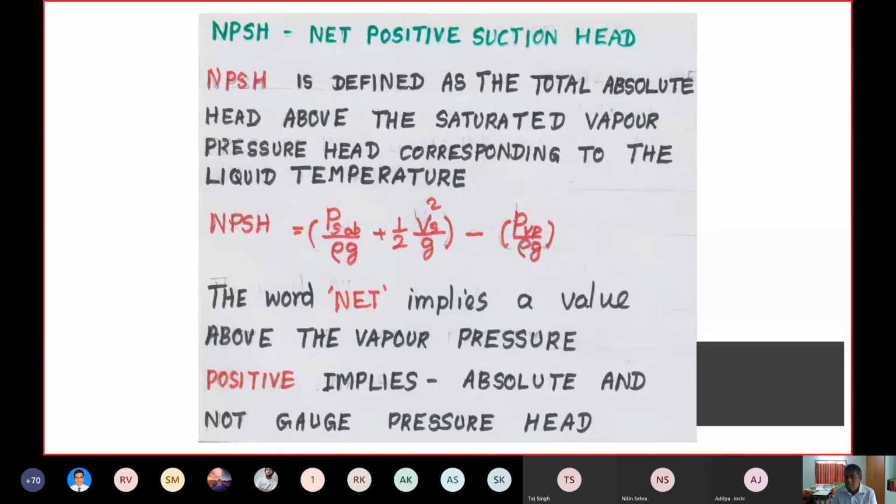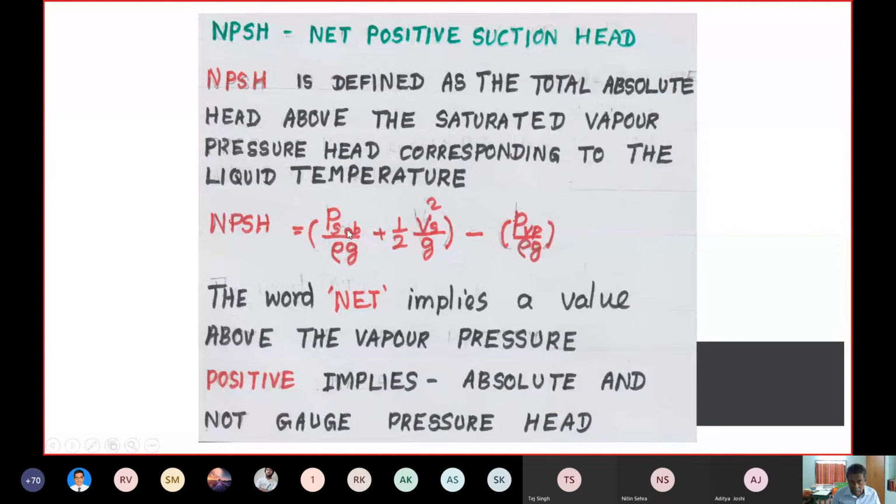Now the net positive suction head. The pump users and manufacturers talk about net positive suction head. It is connected with the suction side. NPSH is defined as the total absolute head above the saturated vapor pressure head corresponding to the liquid temperature. So NPSH is the total absolute head.